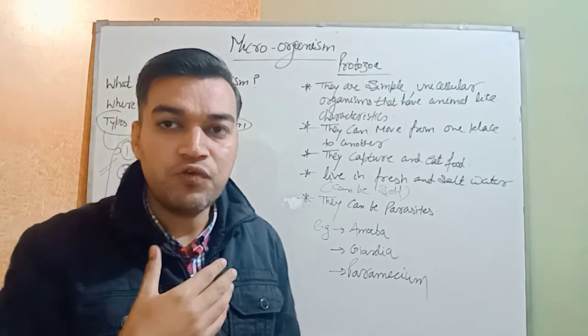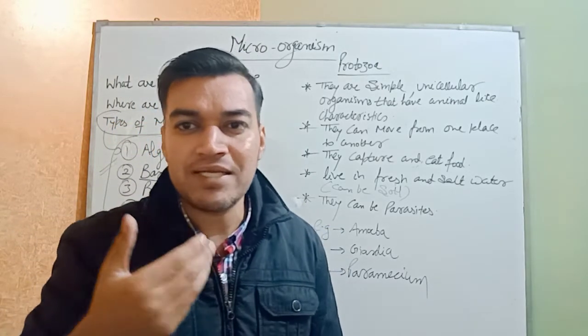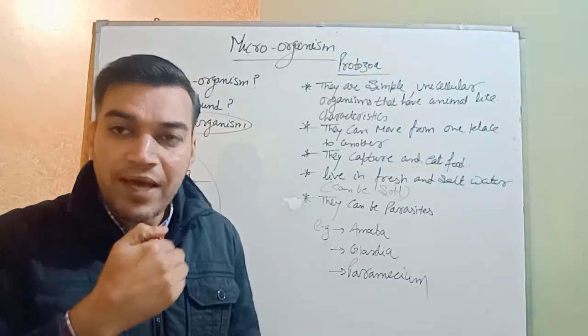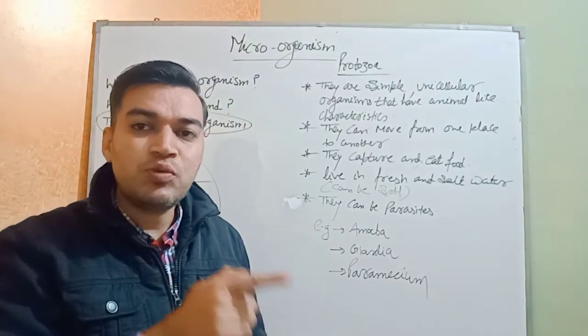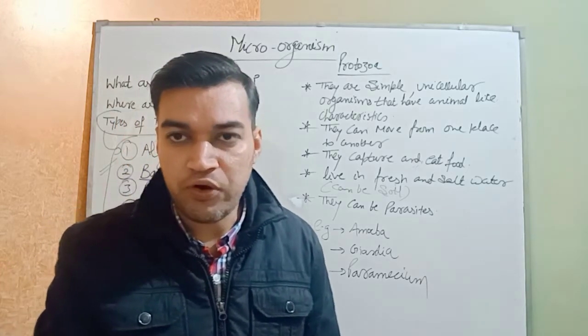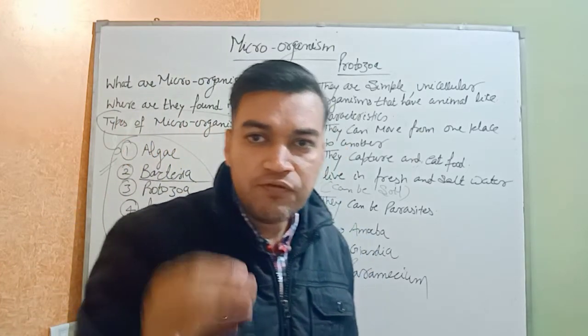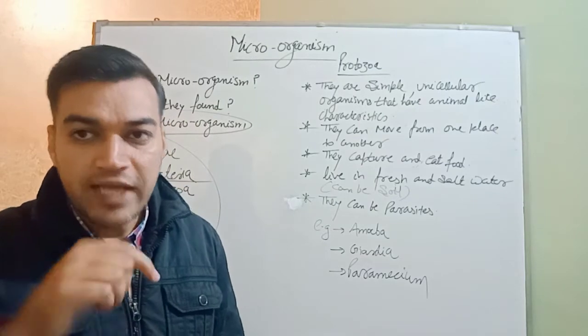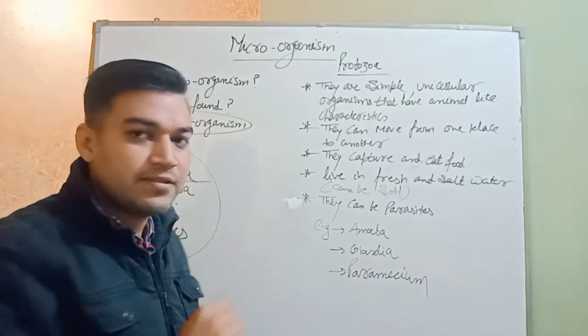Our body provides food for small organisms which are present inside our body. So parasites are organisms which live inside another organism's body and eat food inside that body. That type of organism is called a parasite.